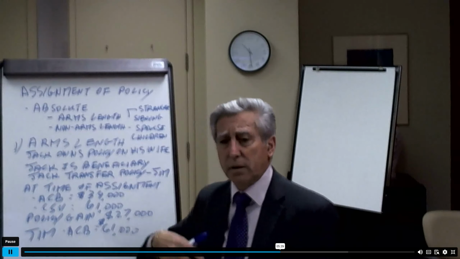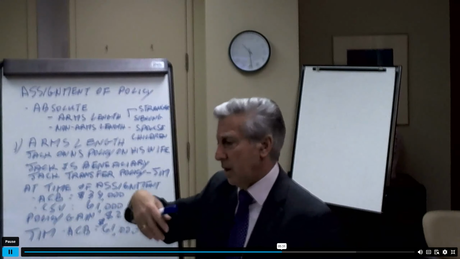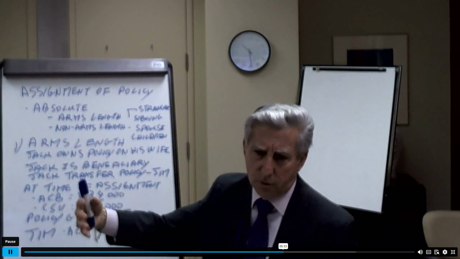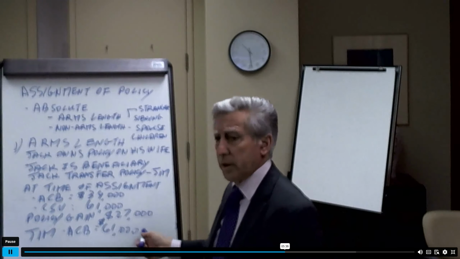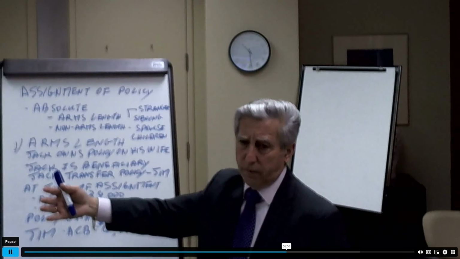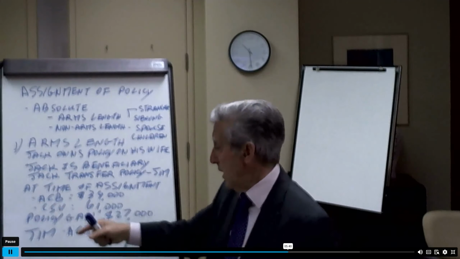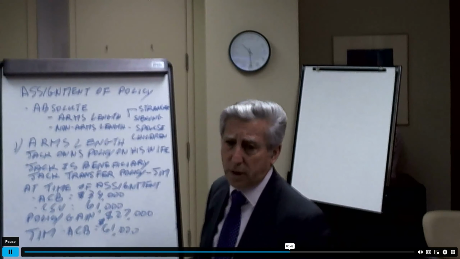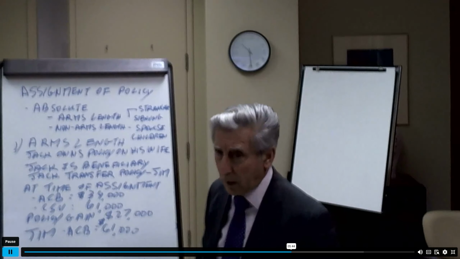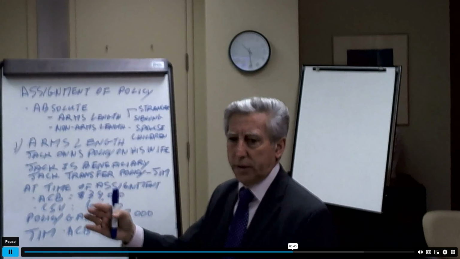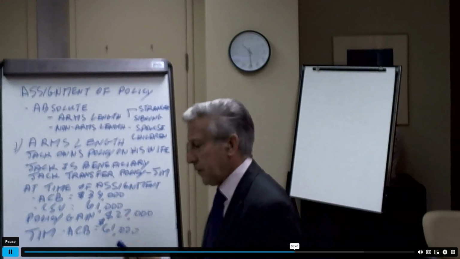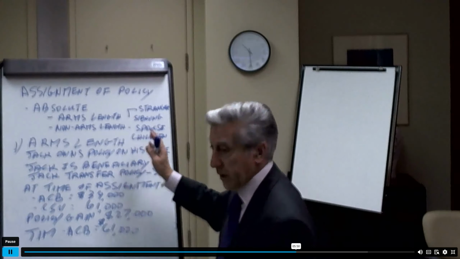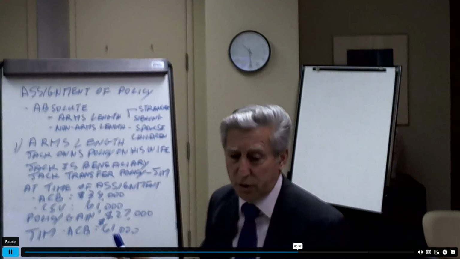So at some point, Jim disposes of the policy somewhere down the line, 5 years, 10 years, 20 years, whatever it is. Whatever the difference is between the cash value, the fair market value of the policy at that time, and the $61,000 that he acquired it for, that difference will be the policy gain. So the first $61,000 will be tax-free because tax has already been paid. You don't want to have double taxation, obviously.